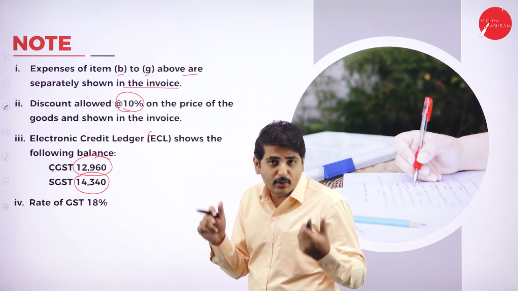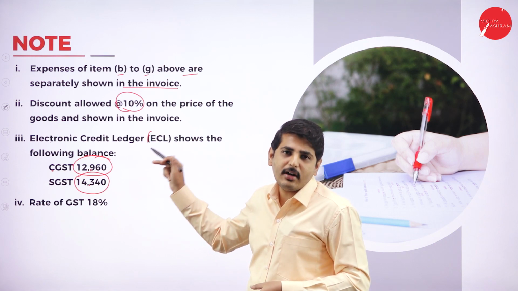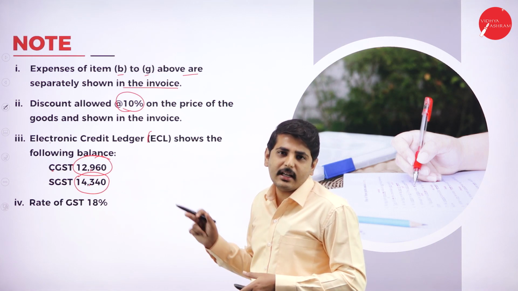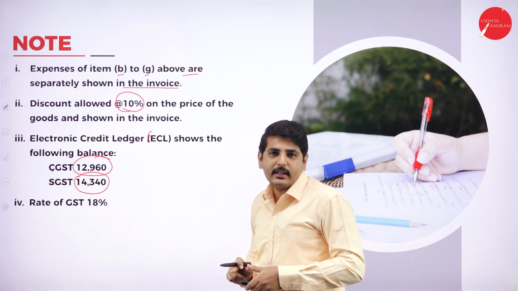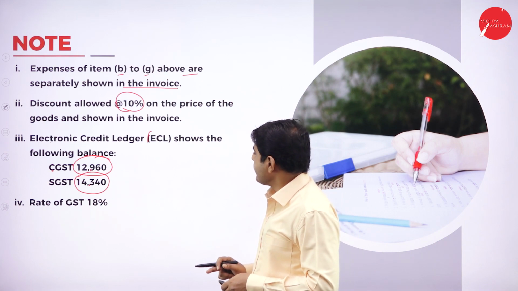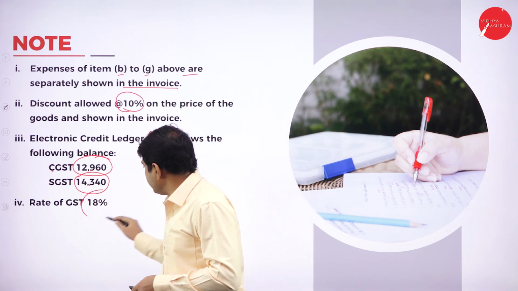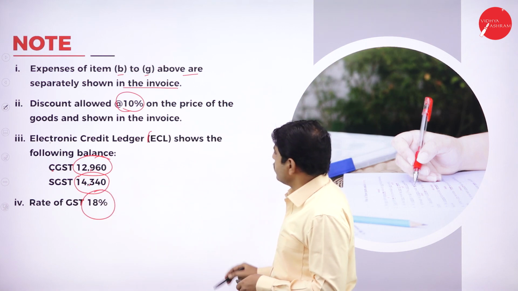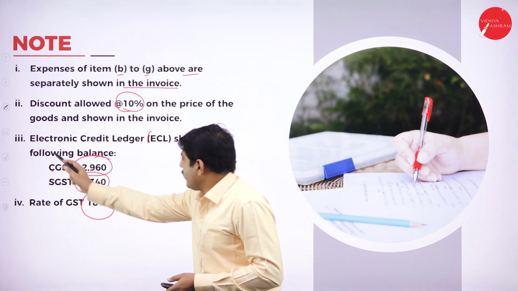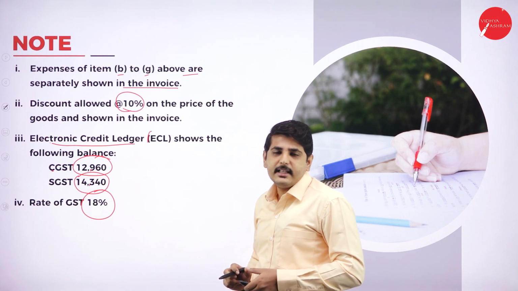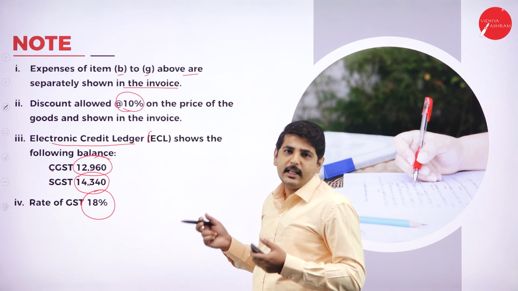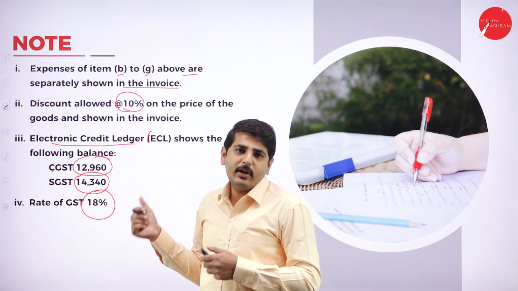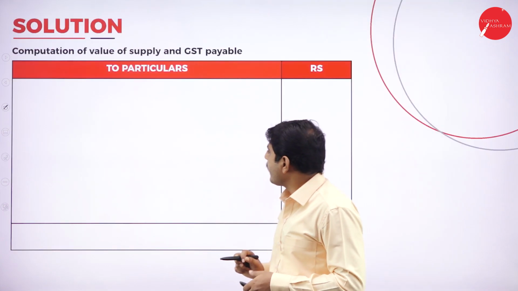If it is inclusive of tax, then we should not take the other amounts given in the question. The rate of tax is 18%. I hope you are understanding. Electronic credit ledger is a ledger which shows the input tax credit available while paying the tax.